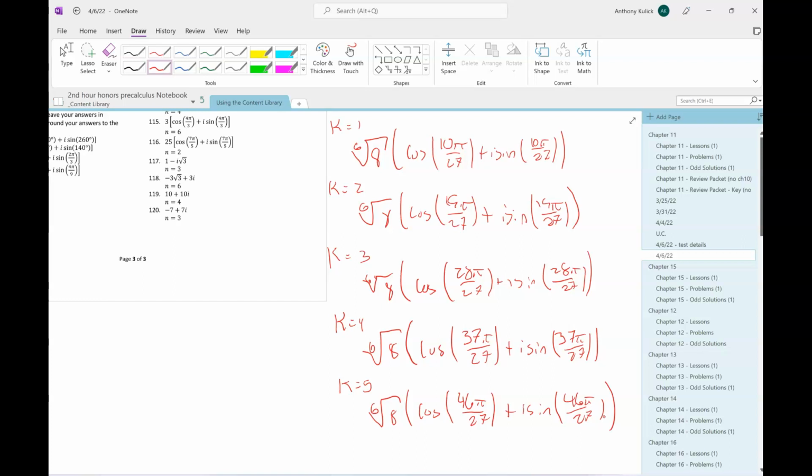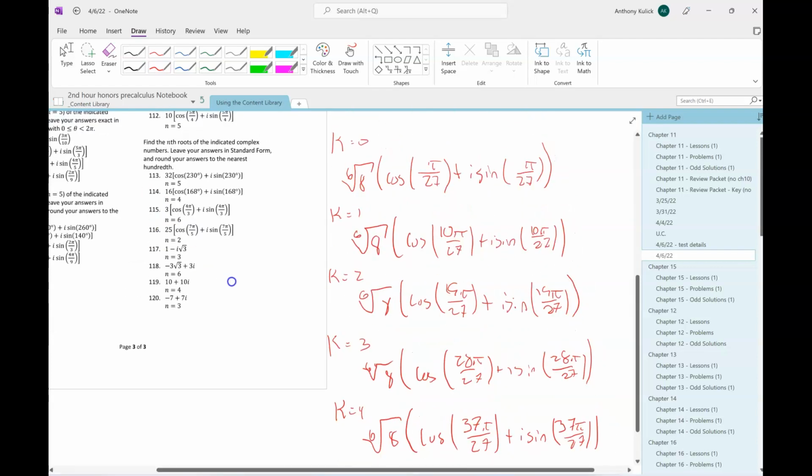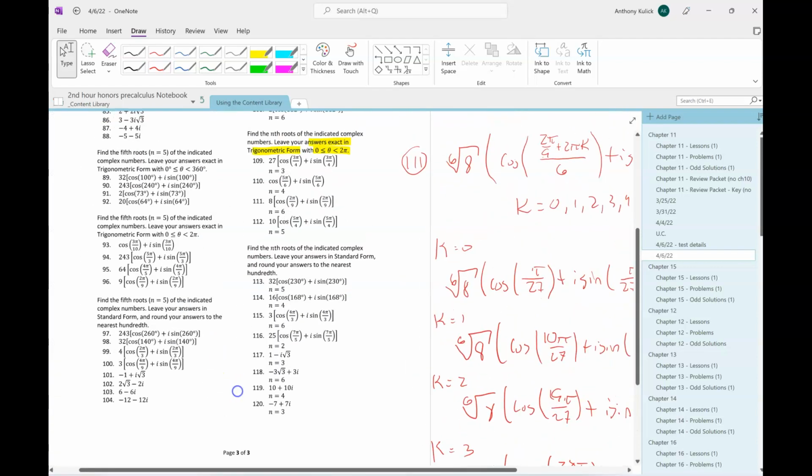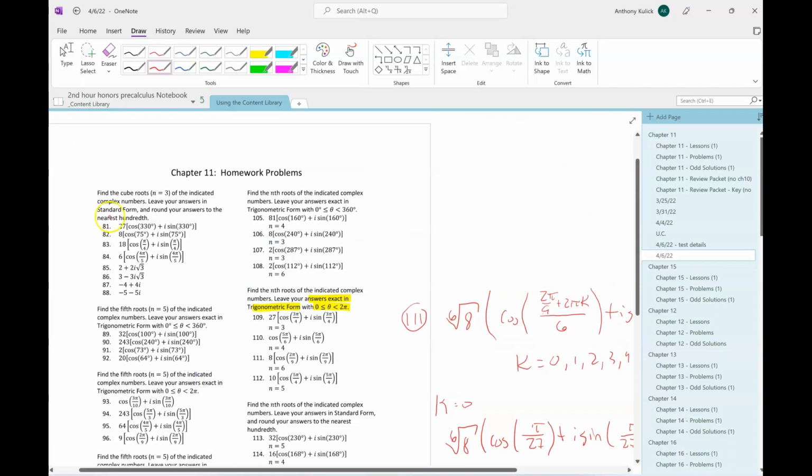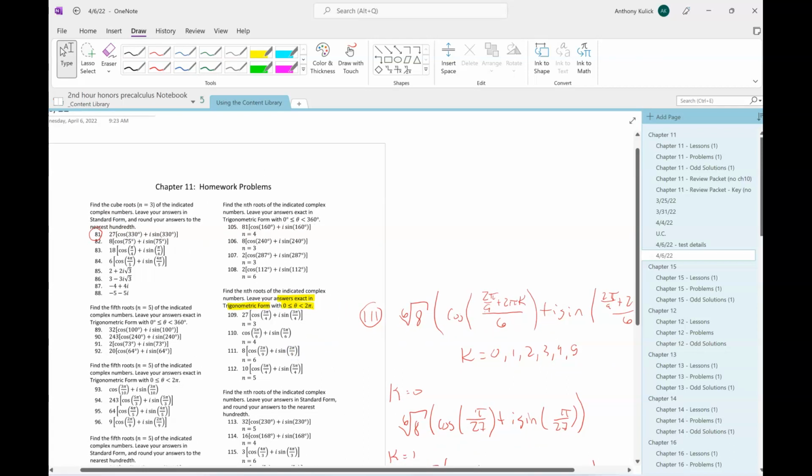Anybody else? Other questions? Happy to do more. Luke, you do 81. 81 asks us to find the cube root of the given number. Leave your answer in standard form, rounded to the nearest hundredth. Okay.